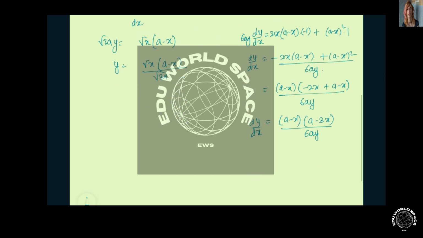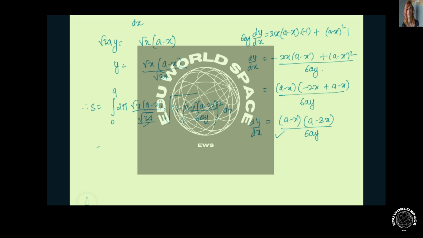Now let's substitute this value obtained in our equation. So S is the integration from 0 to a of 2πy, which is √x (a − x) over √(3a), times the root of 1 + ((a − x)(a − 3x) over 6ay)² dx. Let's substitute the value of y.